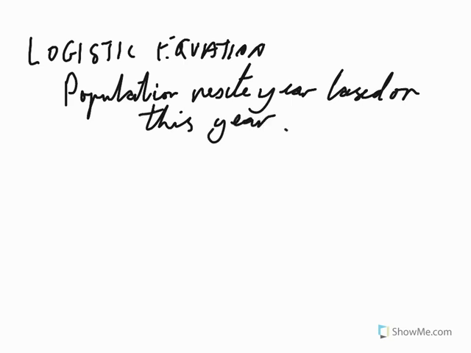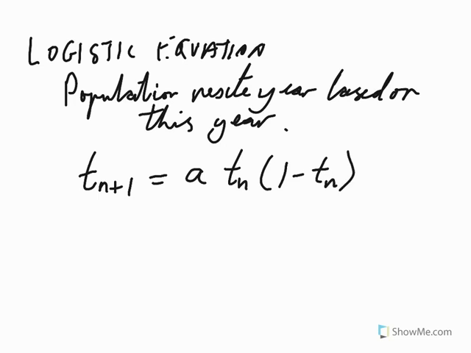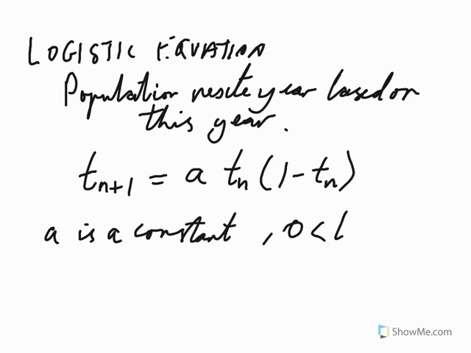It's something that statisticians have come up with, and they've said that the population next year is some constant A times the population this year, times 1 minus the population this year. A is a constant, and 0 is less than A, less than 1 are the restrictions on it.